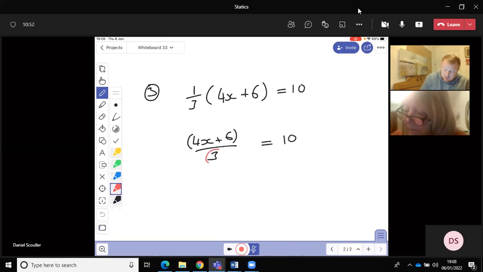That 3 has to come across. It becomes a multiple on the other side.